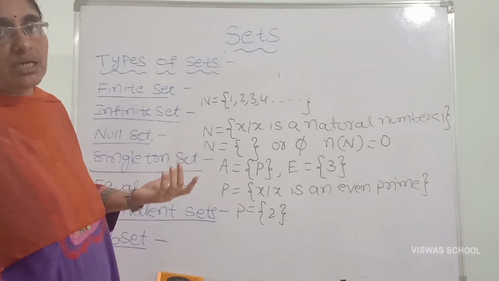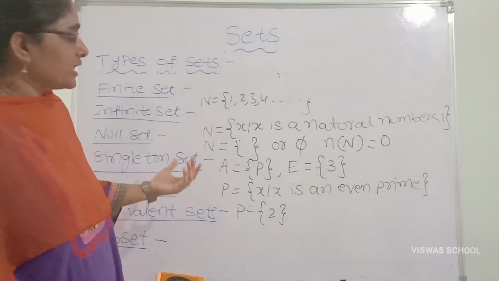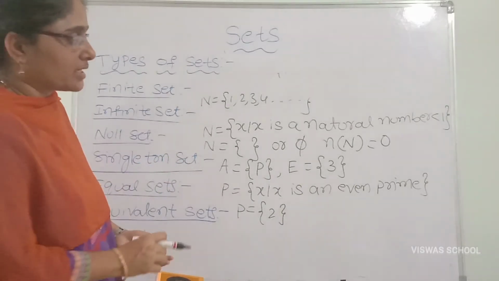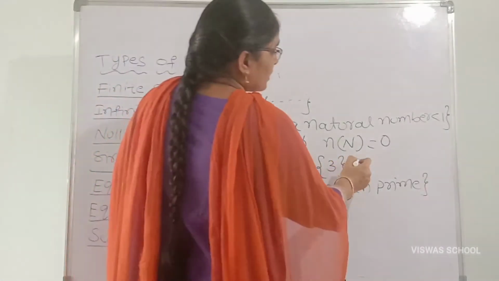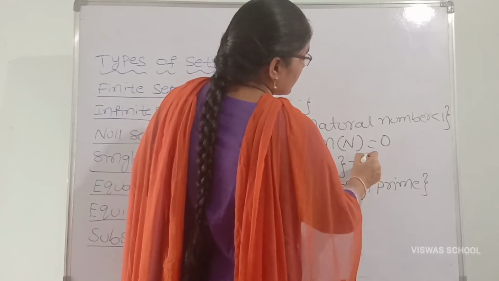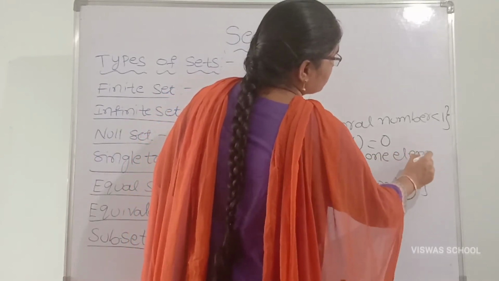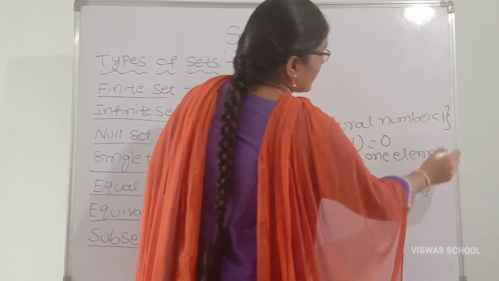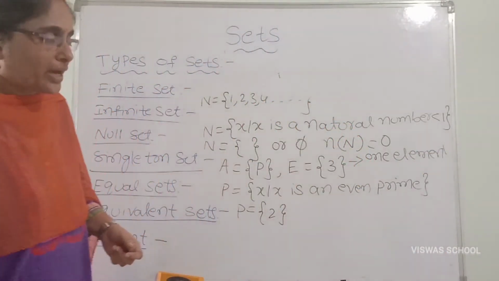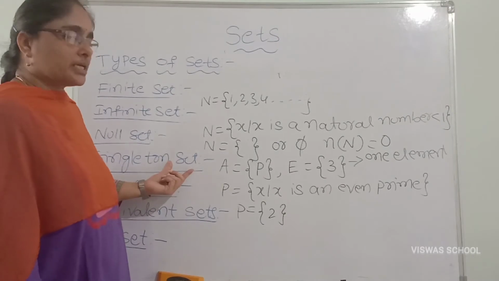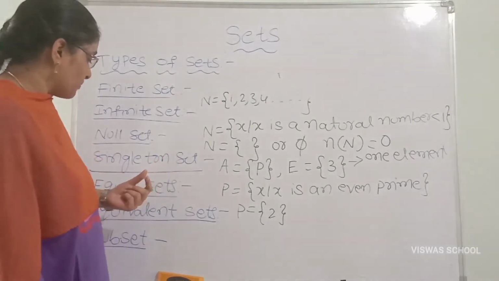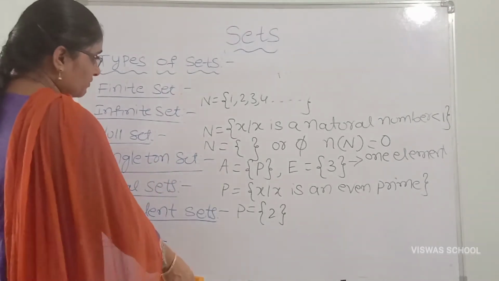If a set is containing only one element, then it is called a singleton set. Next, coming to equal sets.